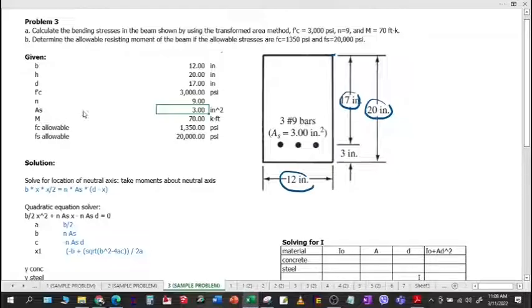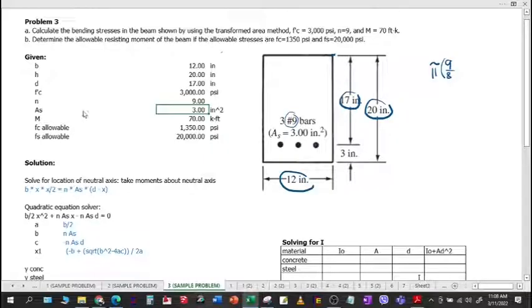Now we are lucky to be given the area already, but in case we are not given the area but only the rebar number, we can still solve for the area. Now we know that rebar is circular in diameter, so the formula is pi d squared over 4. And what is our diameter? That will be 9 always over 8. All diameters should be divided by 8, whether it's 5, 6, 7, 8, 9, 10, 11, and so on and so forth.